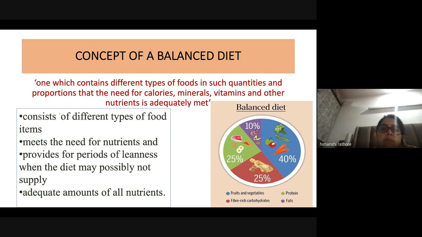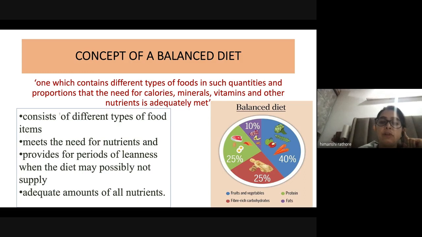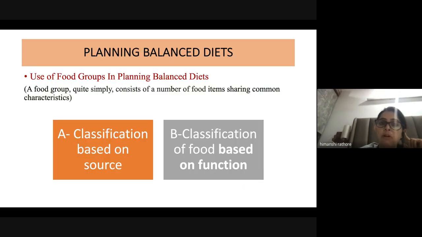So a balanced diet is a diet that contains different types of food that meets the need of nutrients and provides you enough energy, enough protein, enough carbohydrate, and enough fat to perform your day to day life.